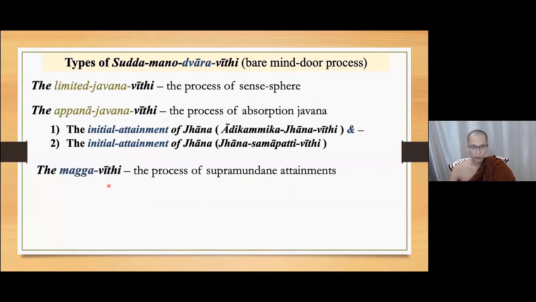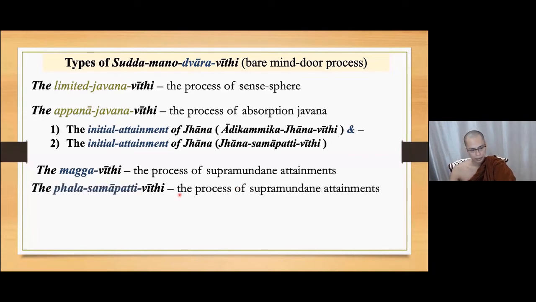Then magga viti, the process of supramundane attainment. In magga viti, not only the magga, the phala is also considered, but taking the name of the magga, we call it magga viti.